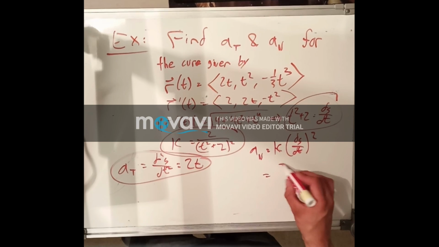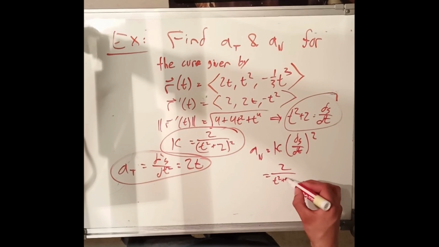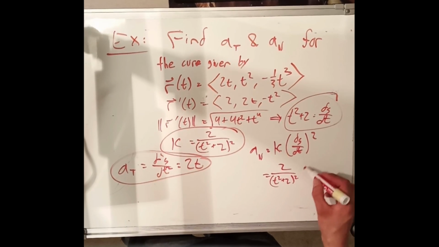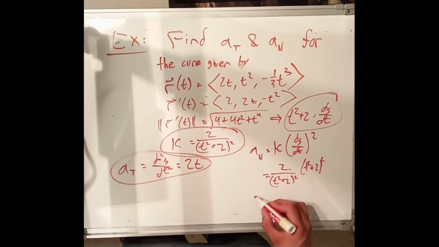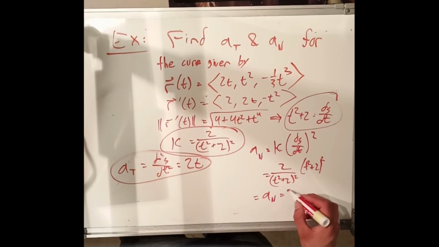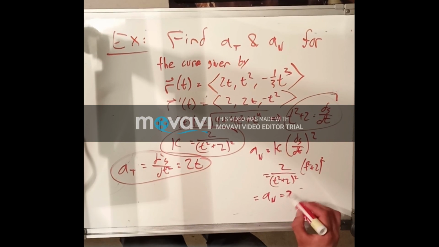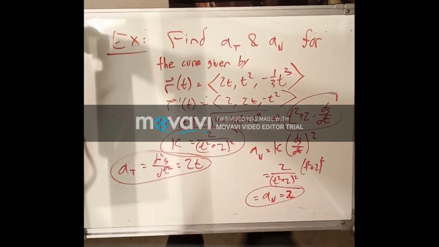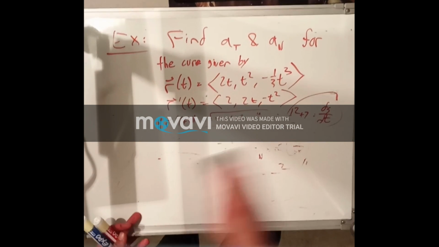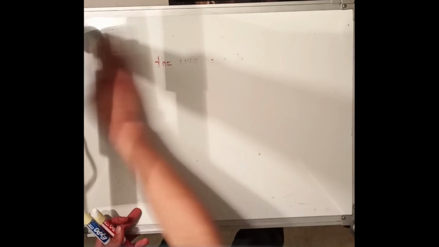Now, doing this, we'll have 2 times the quantity t squared plus 2, squared times t squared plus 2, squared. So a sub n equals 2. We have found the components we're looking for. Therefore, we are done. Thank you very much. And have a good one.